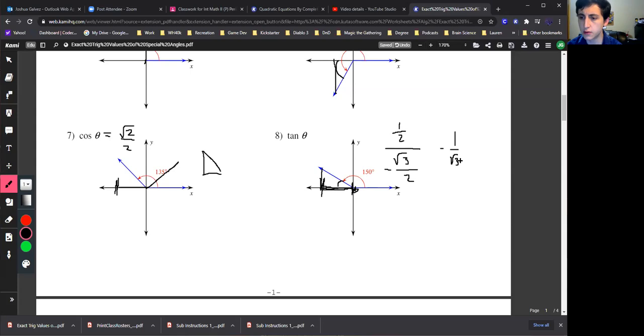Normally we don't like square roots on the bottom, so we can go ahead and multiply the square root of 3 like this. And this will just become the square root of 9, which is just 3. So we have negative square root of 3 over 3. Negative square root of 3 over 3. And that's the tangent of 150 degrees.